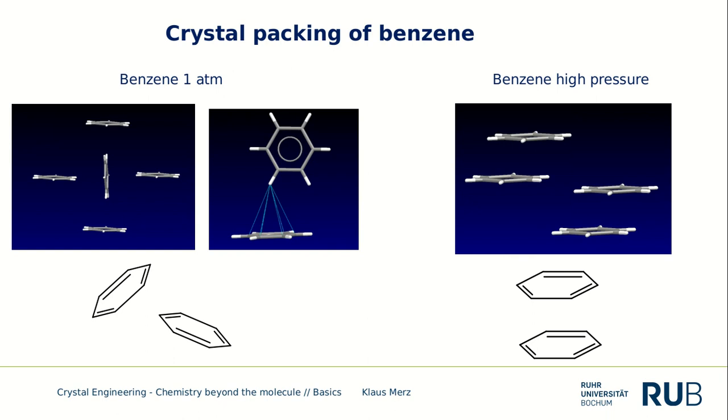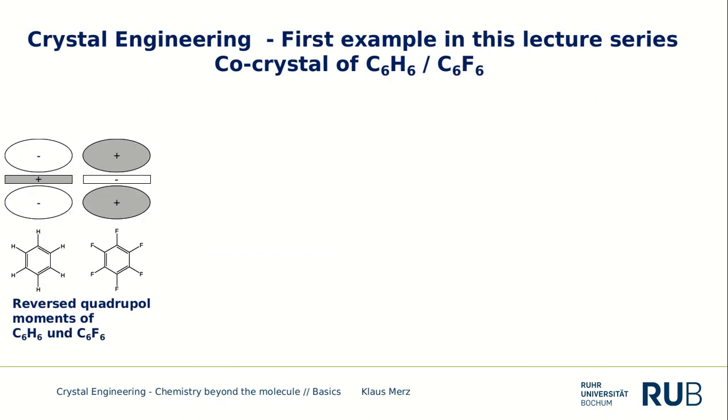Can we use this? We can use this, and let me show it here. So this is the first example of using crystal engineering. We are using crystal structure analysis to design a special crystal structure. Well, what do we have? We have the crystal structure of benzene, exactly what we said.